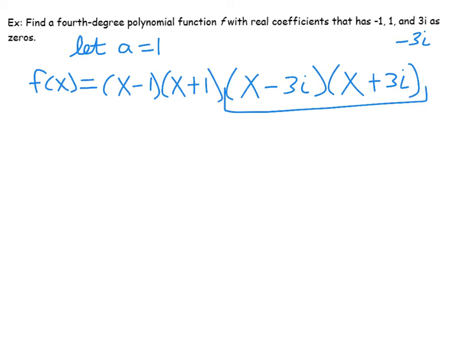If you wanted to just FOIL this, you absolutely could. Here, it's a much easier scenario than what we had before. If you still want to just look at the imaginary numbers and take their sum and product, this is going to work too. You add them together and you get 0.